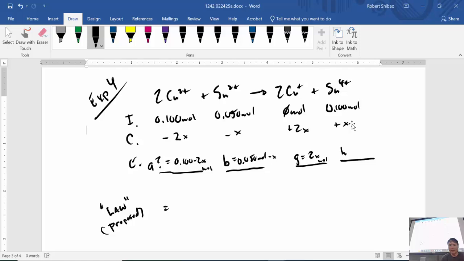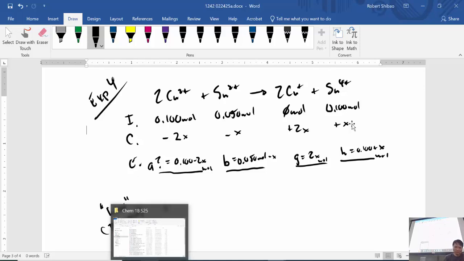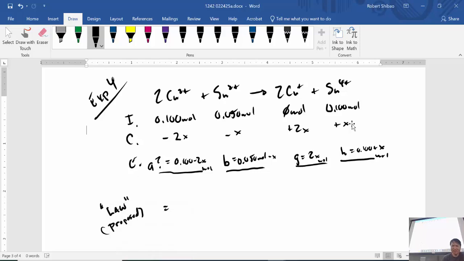And I'm going to call this H, and this is going to be 0.100 plus x moles. And so I'm going to say G squared times H divided by A squared times B should be 148. That's what we round it to.